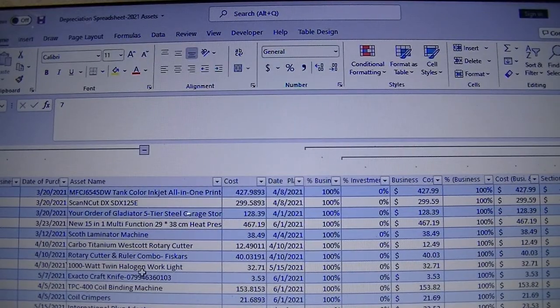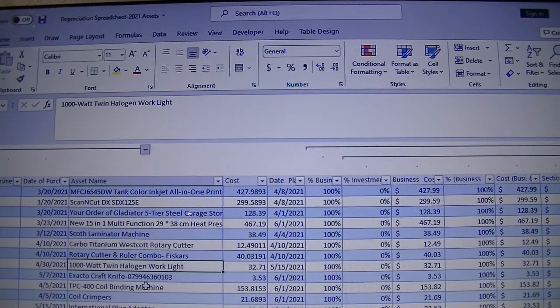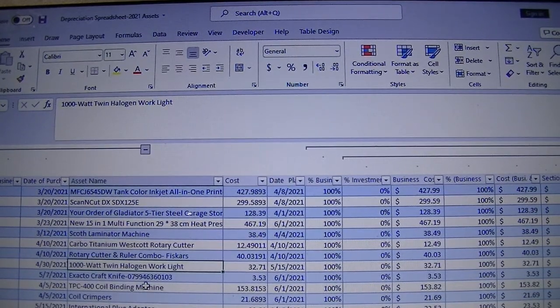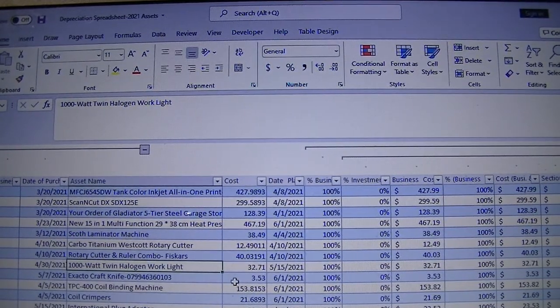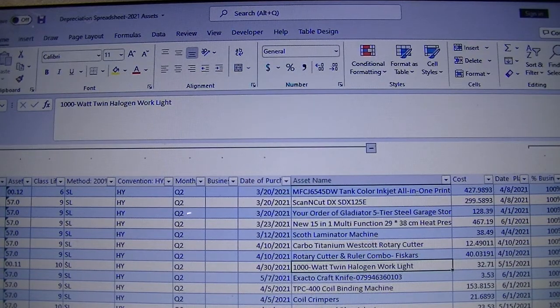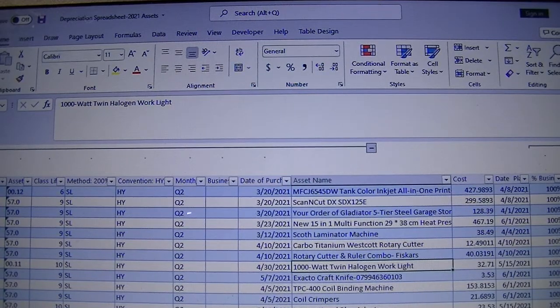Okay, so there is a light that is being depreciated, and we placed it in service in Q2. So we have basic information we'll add to the spreadsheet. We know we'll use GDS, but we don't know the class life for the asset.